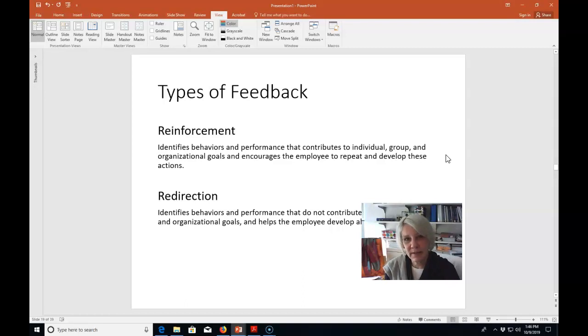Another kind of feedback can be called redirection, and that might also be considered critical feedback, in the sense that this is where there's a behavior we don't want to see or want to see less of, and so the purpose of our feedback is to get some behaviors to stop, or some behaviors to start that are absent or that we would like to see more of.